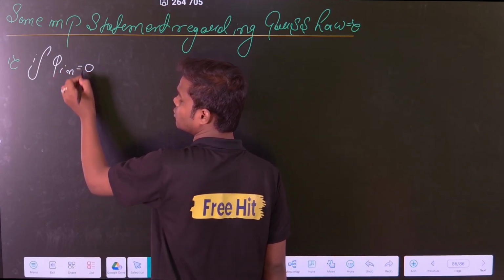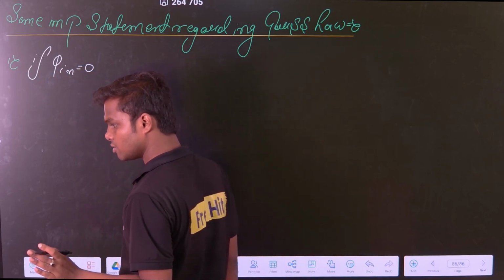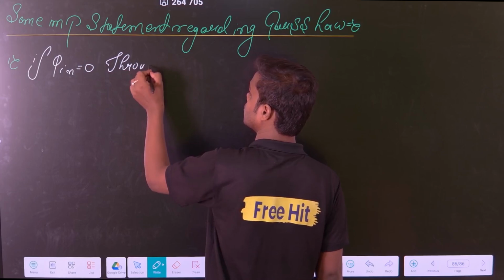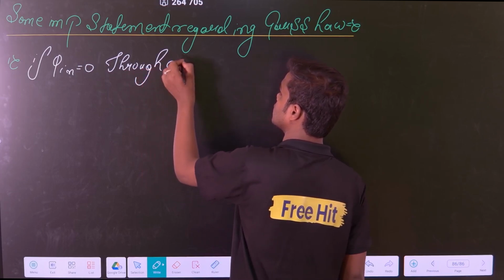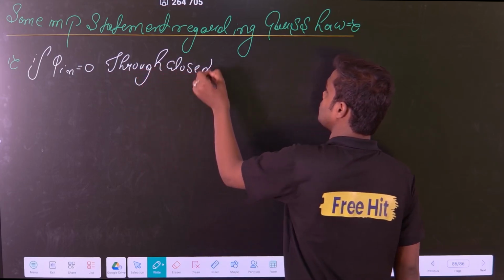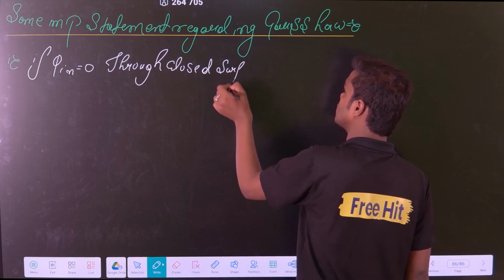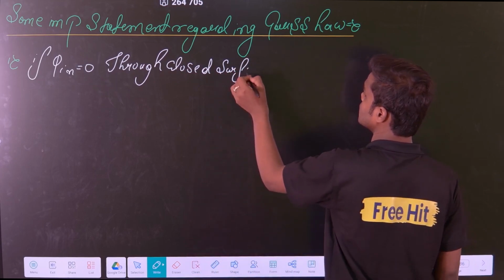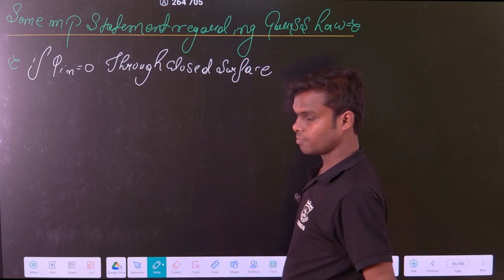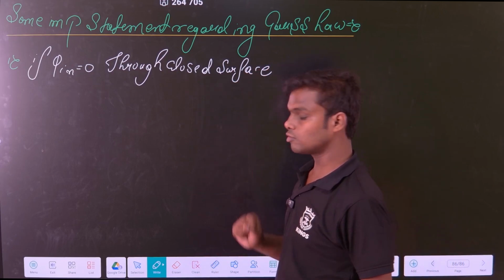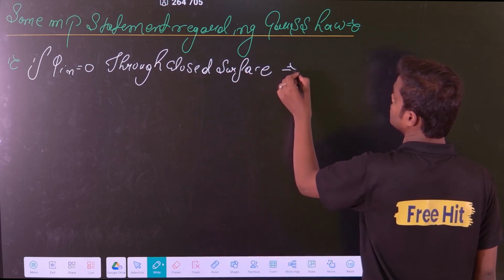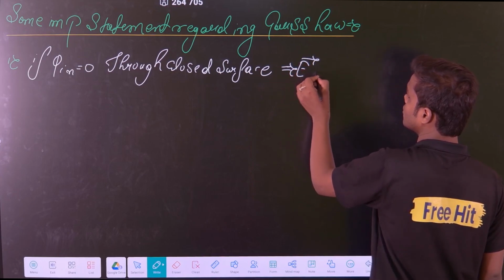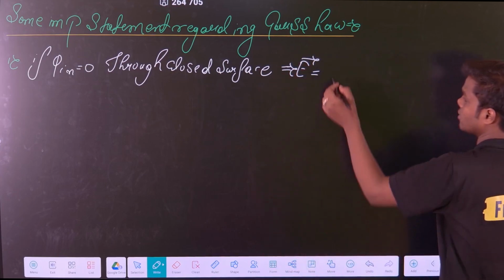If my Q in is equal to 0 through a closed surface, that is, if my total charge is 0 through a closed surface, this implies E is equal to 0 everywhere.